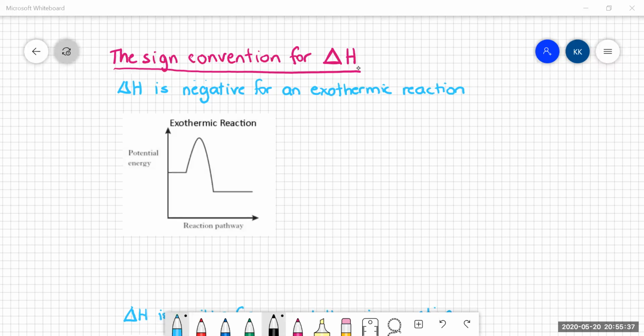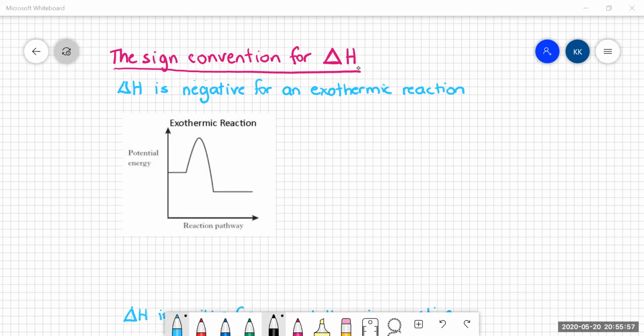One of the strange things I found about thermochemistry when I was just a young student of chemistry was the fact that exothermic reactions had negative delta H values. I always thought that was very strange because I always thought something that made things get hot should not be negative.